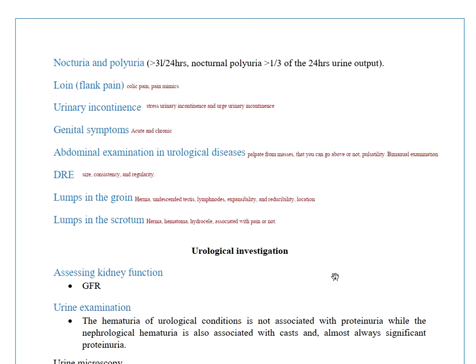So the other symptom complaint that a urological patient will come with is known as loin or flank pain. This flank pain can be caused by a stone, or it can be caused by something else which is not a stone. So you need to classify it and evaluate the patient.